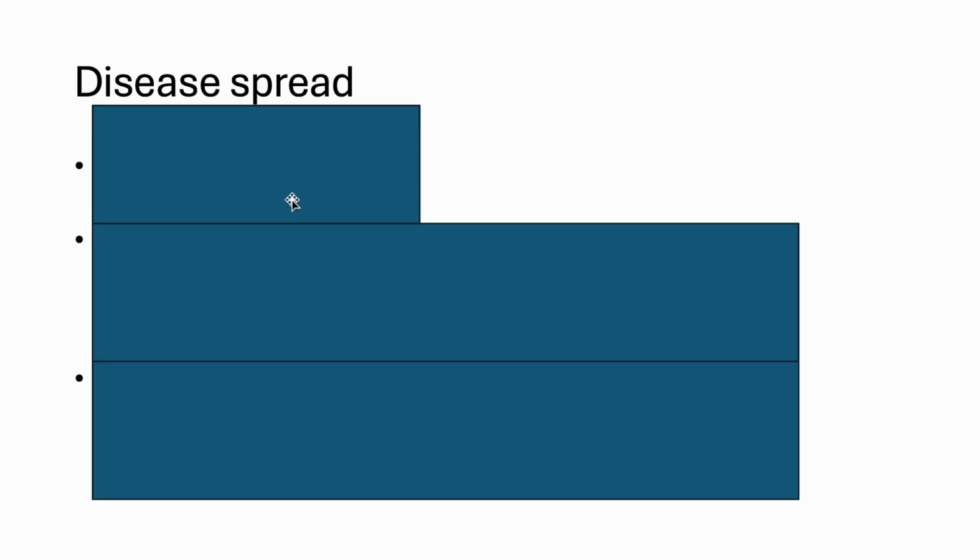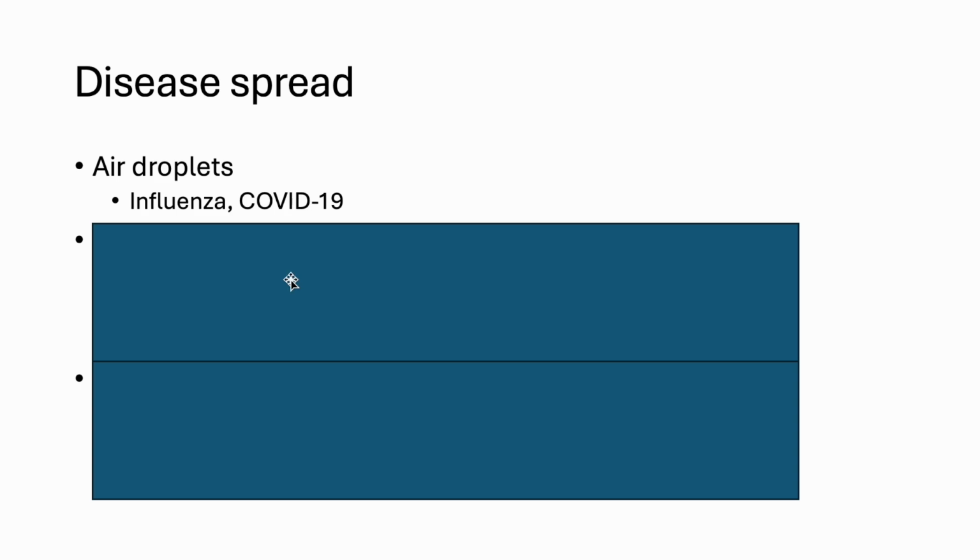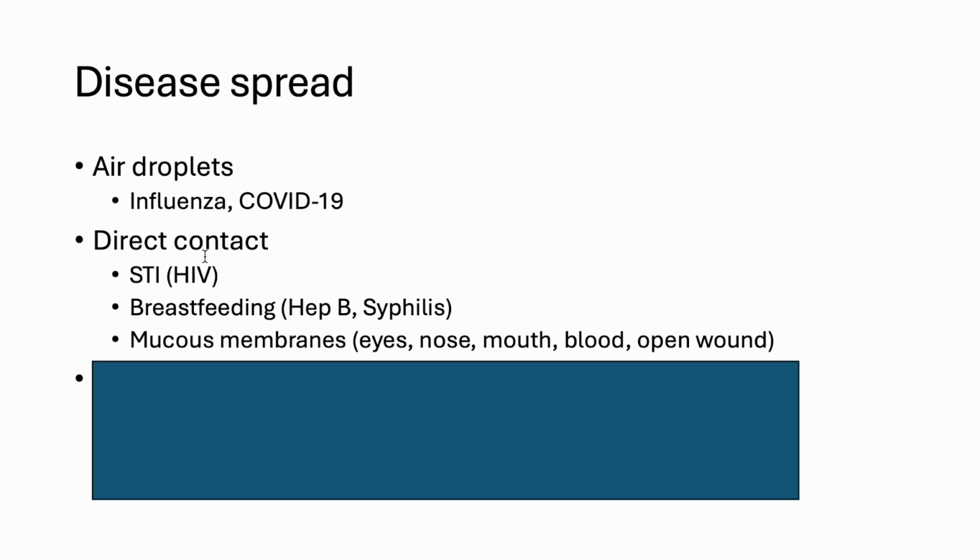Okay, let's talk about how diseases are spread. Mainly, it's through air droplets. We are more familiar with examples like influenza or COVID-19. Direct contact is more from bodily fluids. So STIs, we have covered that in the earlier videos. Do check it out in the top right corner. Breastfeeding as well, diseases can be passed.